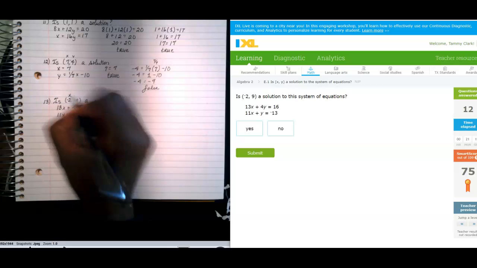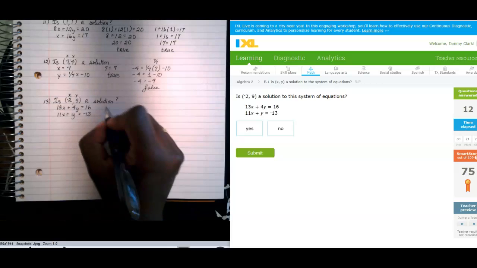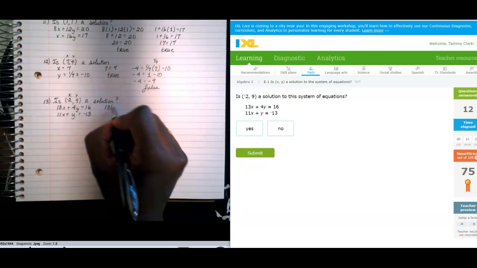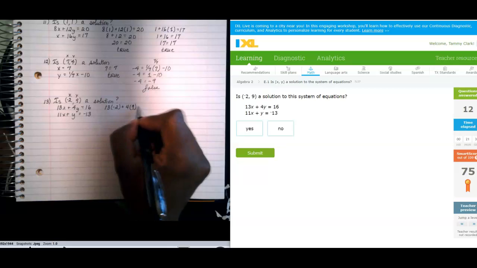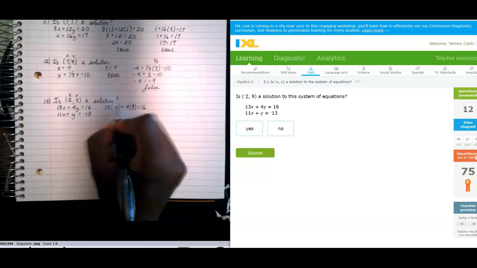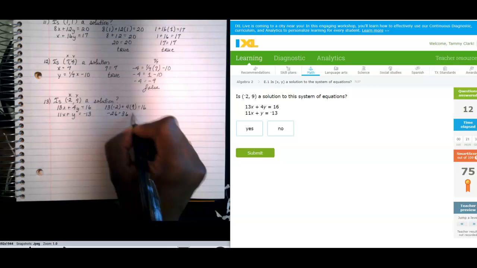Is ordered pair (-2, 9) a solution to the system? So we've got 13 multiplied by -2 plus 4 multiplied by 9. Does that equal 16? Well, 13 times -2 is -26 plus 36, because 4 times 9 is 36.